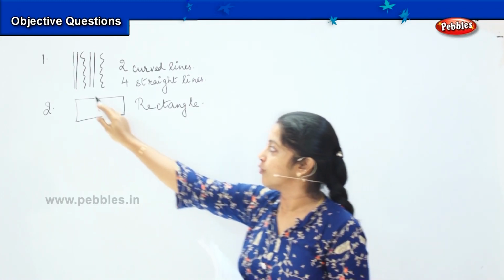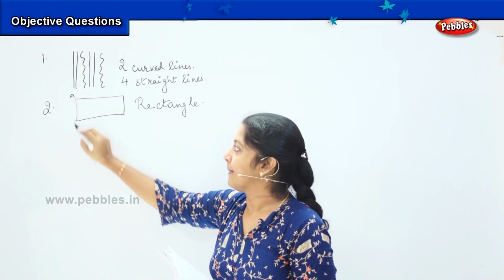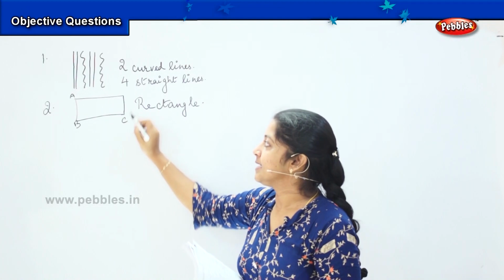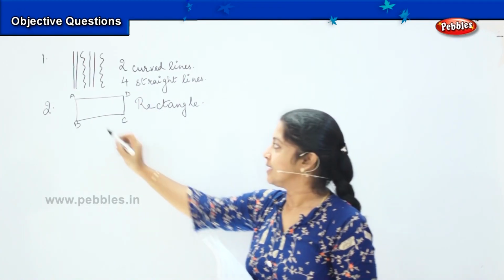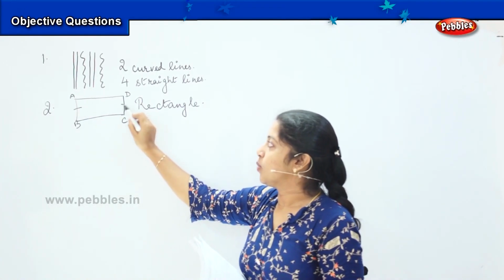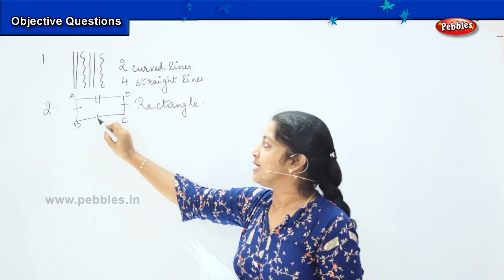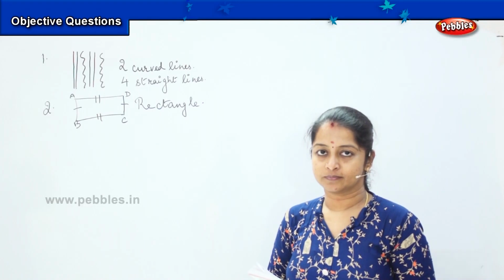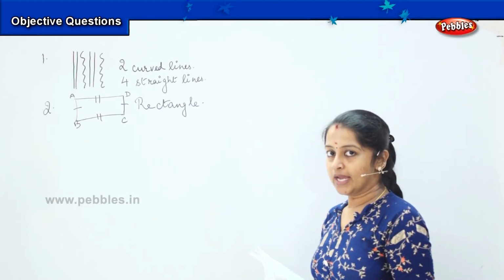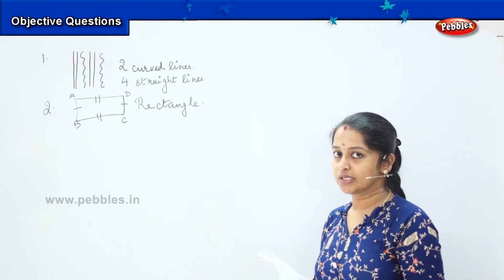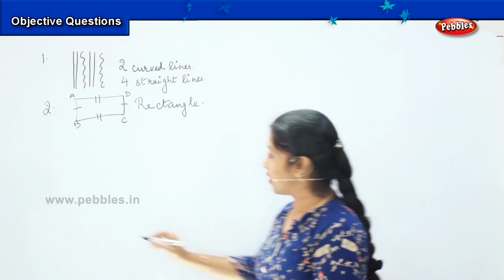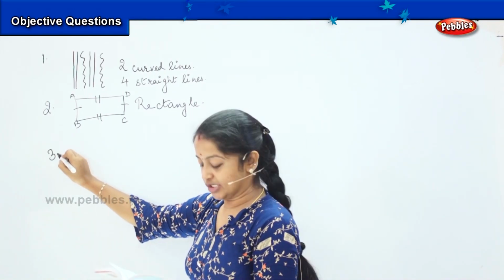Though it has got 4 sides, A, B, C and D. But AB is equal to DC and AD is equal to BC. Okay? Shall we move to the next question? Great. So, here comes your next question.